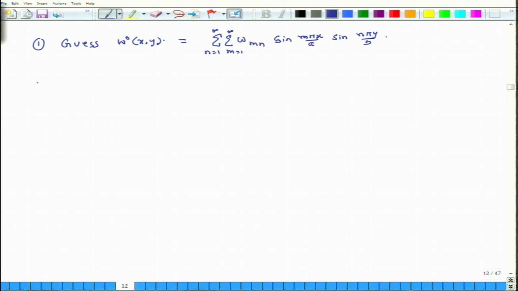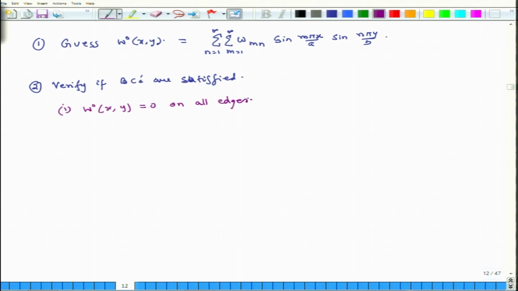Second, verify if BCs are satisfied. The first BC is W naught x y equals 0 on all edges.